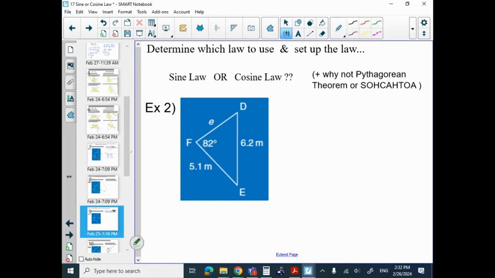So again, no 90 degrees. I should just put that in for each one, but it doesn't take that long, I suppose. And so here, we've got an angle and an opposite side, and I've got a side, so I can get the opposite angle, right? So I can use sine law.